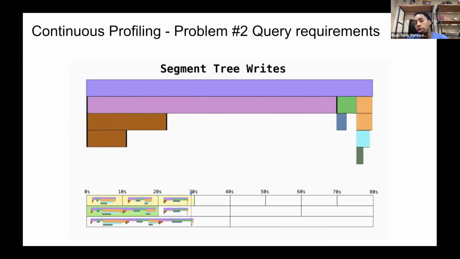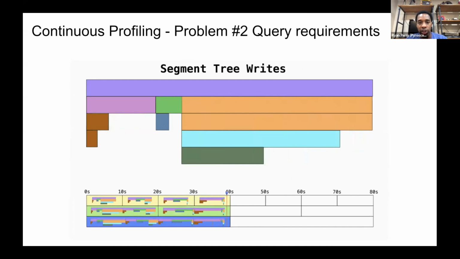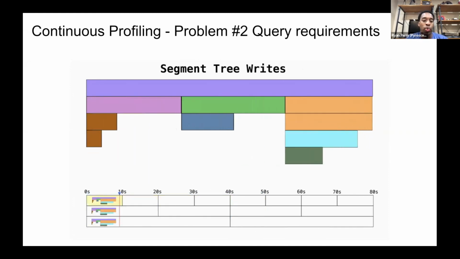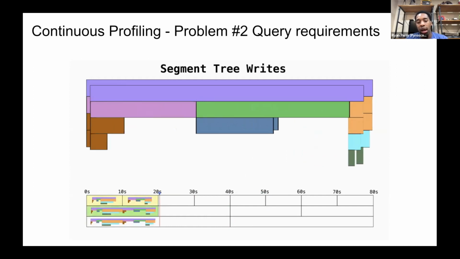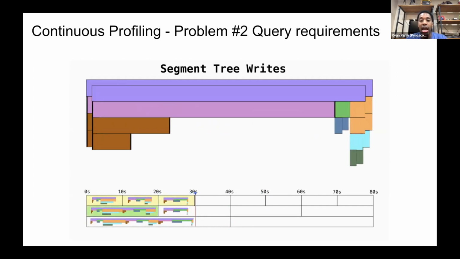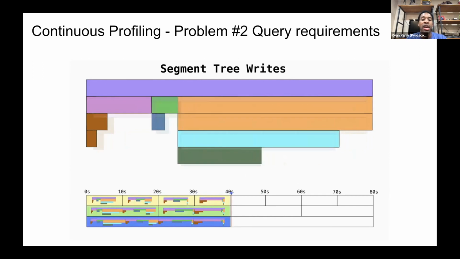Once you have all of the data compressed really efficiently, the next issue becomes: now that it's all compressed, how do you query it efficiently?